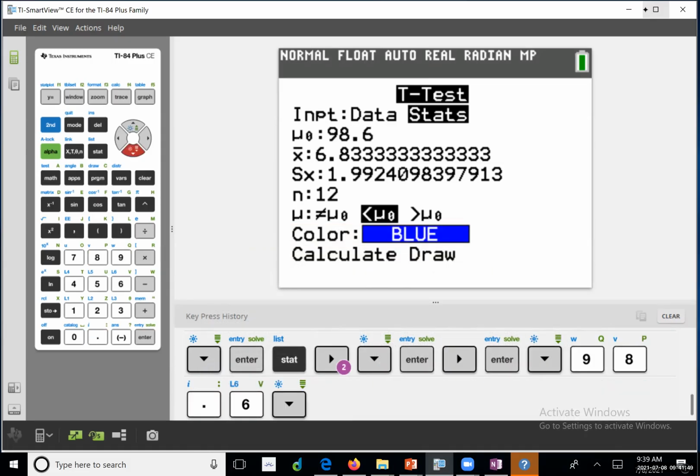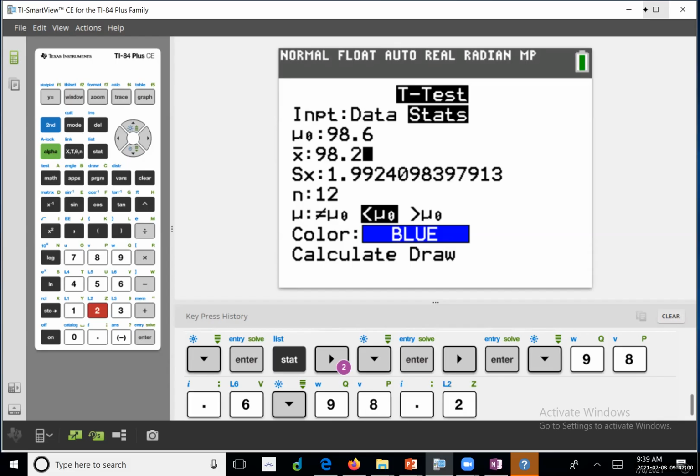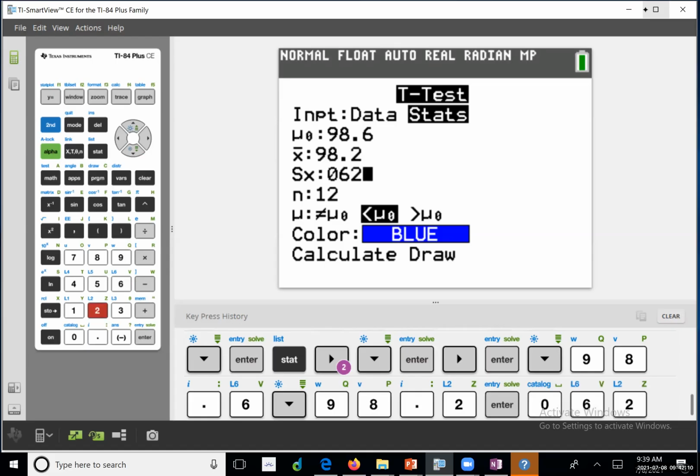What was X bar? 98.2. What is the sample standard deviation S? 0.62.